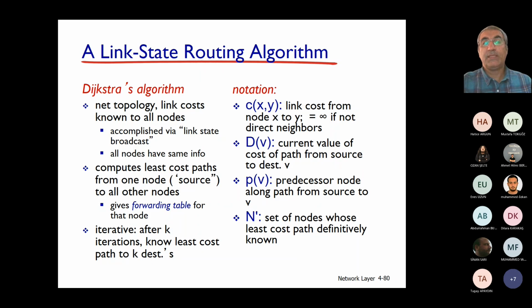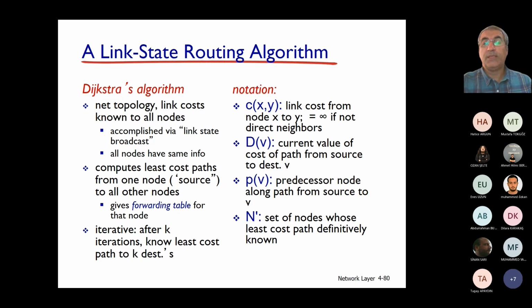Before we start to explain this algorithm, let me show you some notation that we're going to use. The first one is c(x,y), which is the link cost from node x to y. This link cost is equal to infinity if they are not direct neighbors. If a node is not a direct neighbor, we put the value of infinity for that cost.